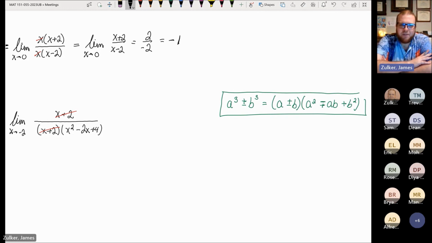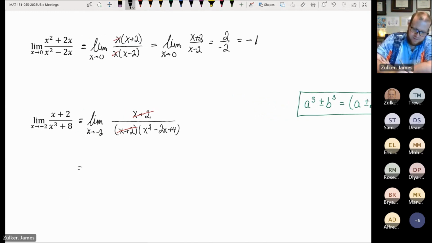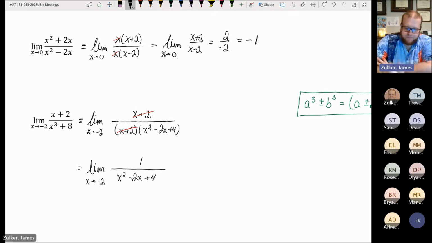Since we're approaching -2, we will never equal -2. Now we plug in -2, see what happens. 4 plus 4 plus 4. The limit is 1/12.